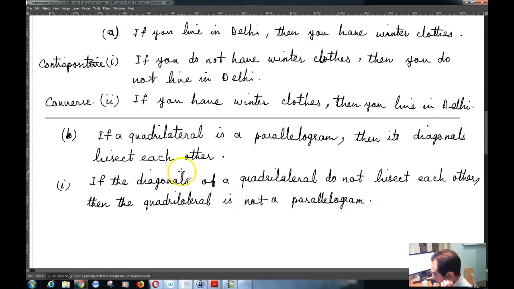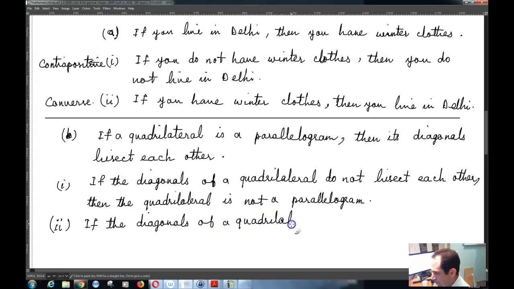And number 2 is, if the diagonals of a quadrilateral bisect each other, then it is a parallelogram.